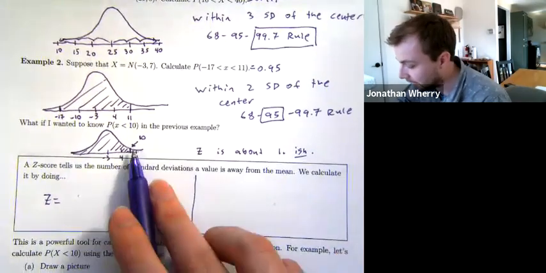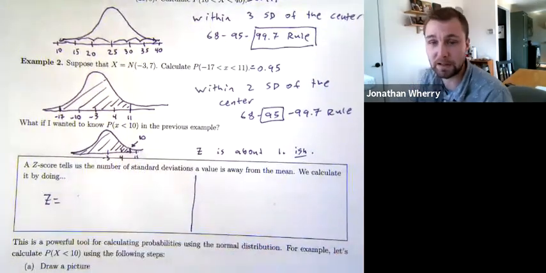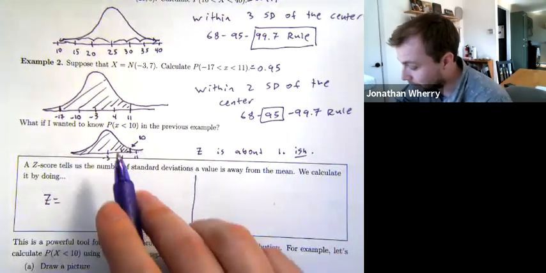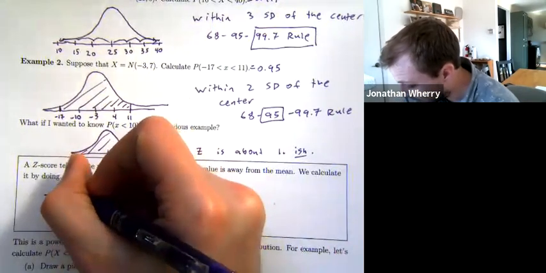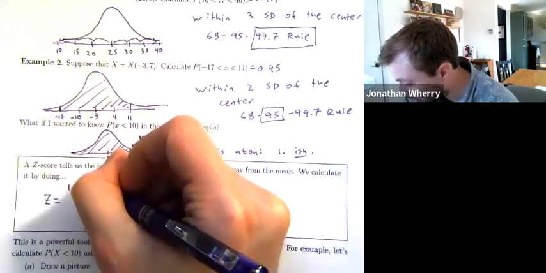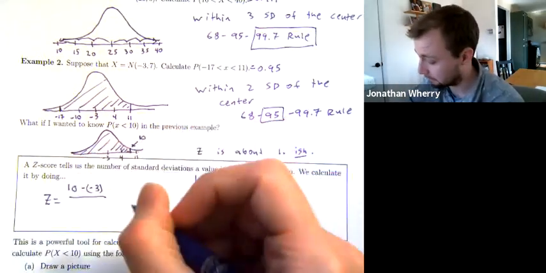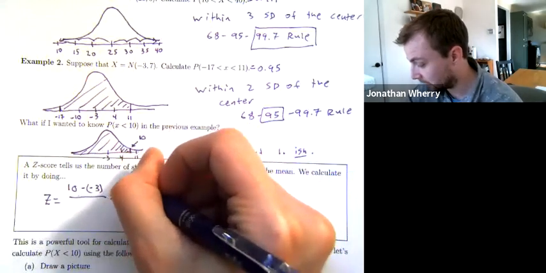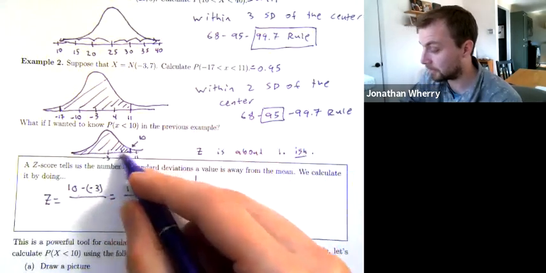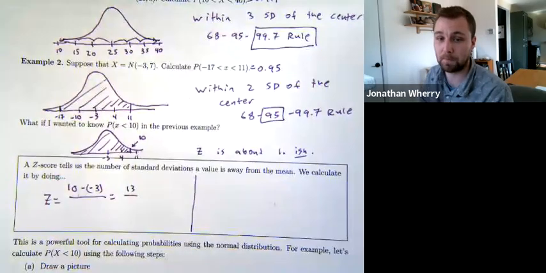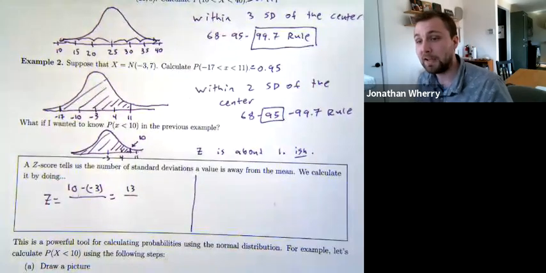First thing I want to know is how far is 10 away from the negative 3? Well, if I go 10, take away negative 3, minus a negative is going to make this a plus. This tells me that 10 is 13 units away. I'm 13 away, but I need to know what I'm counting by.